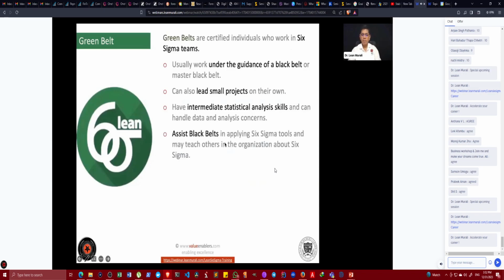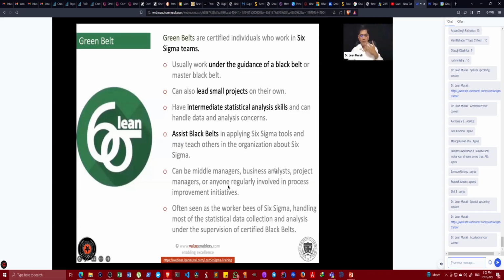This is very important: the green belts can assist black belts in applying Six Sigma tools. They could generally be middle managers, business analysts, project managers, in any such role, and are often seen as the worker bees of Six Sigma. They go around and do a lot of work on Six Sigma. If green belt is clear, just give me a 9 or 10 if it is super clear.